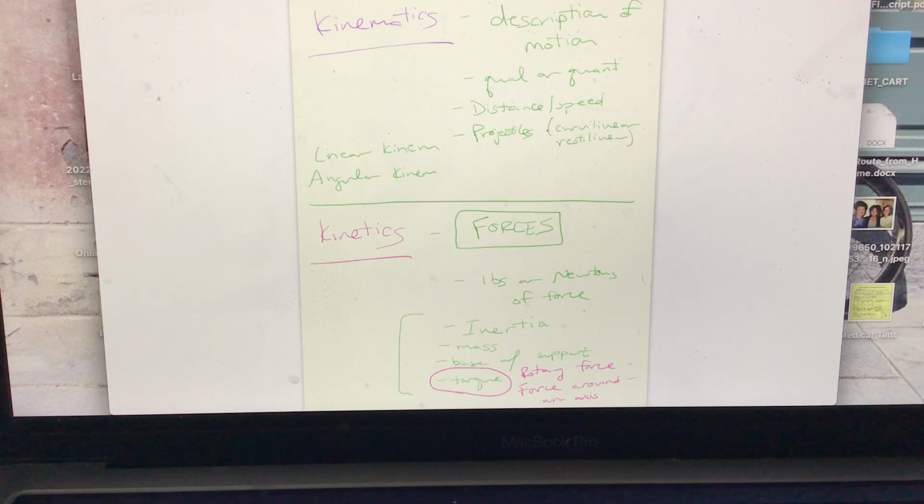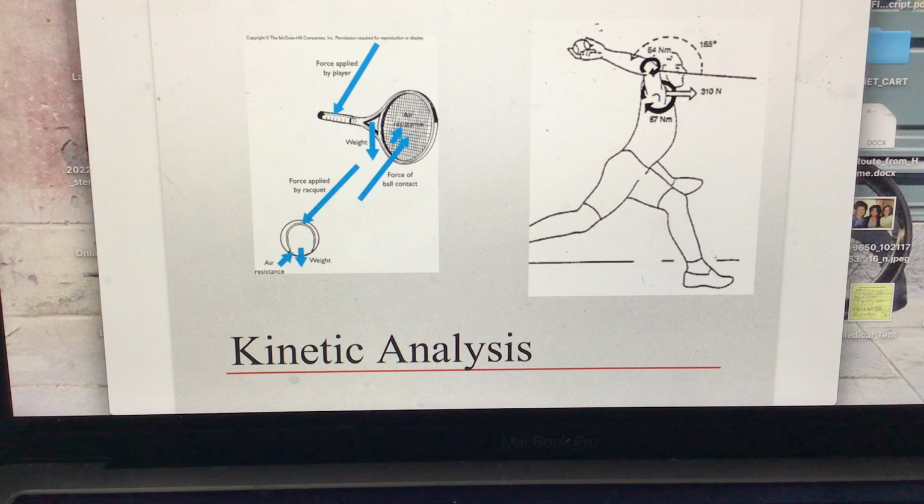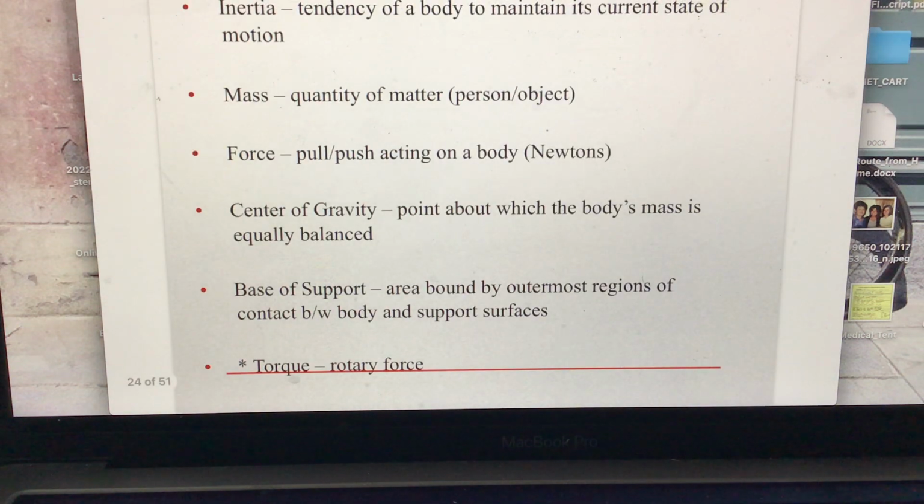So there are key words for kinetics. The key words are force and torque. When you see those words, you're thinking already of a kinetic analysis. Okay? These are the things that are considerations for torque: inertia, mass, force, center of gravity, base of support, torque.